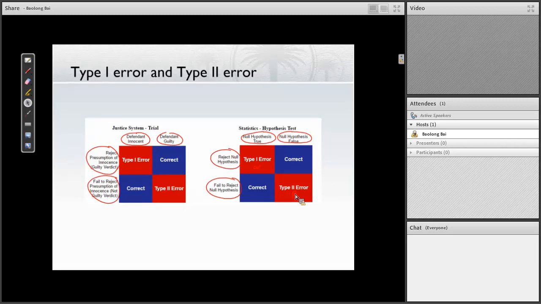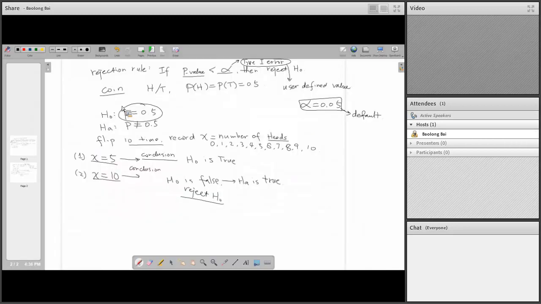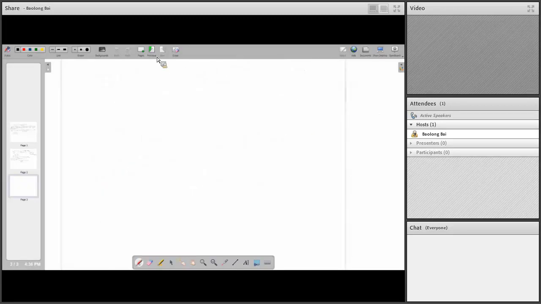Okay. Another example I can give you. For example, if you're doing a drug study, okay, so you have a null hypothesis and an alternate hypothesis.